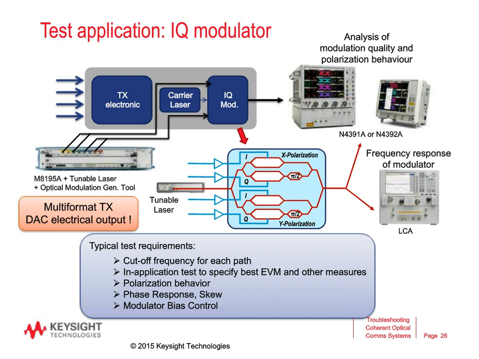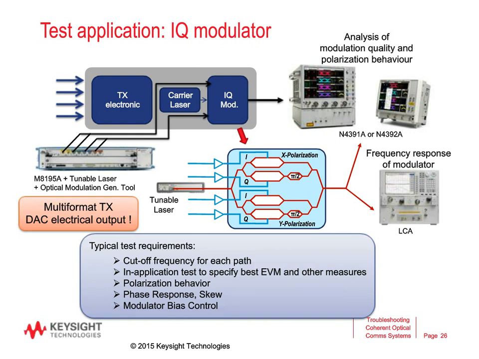And if that's not enough, we can even use our lightwave component analyzer family to get the S parameters and the phase and frequency response of the individual path inside the modulator.